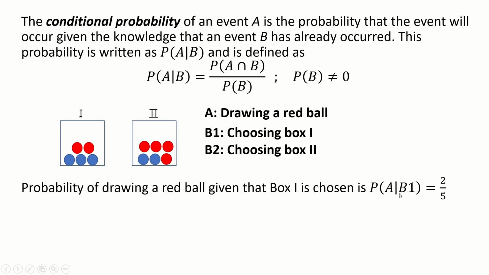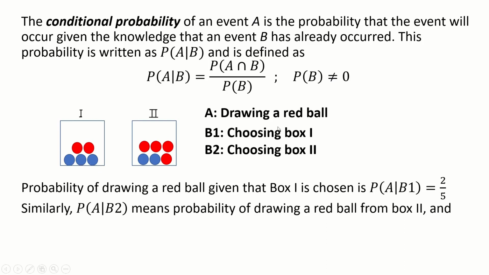So this B1 should be right after the straight line symbol. So this probability will be, you have to look here. How many red balls are there in box 1? 2. And how many total balls? 5. So the probability here is 2 by 5.